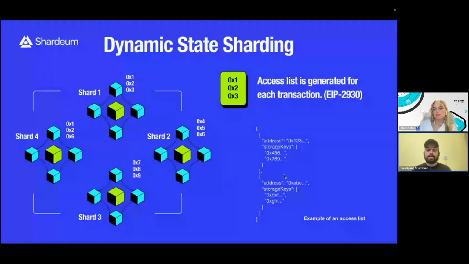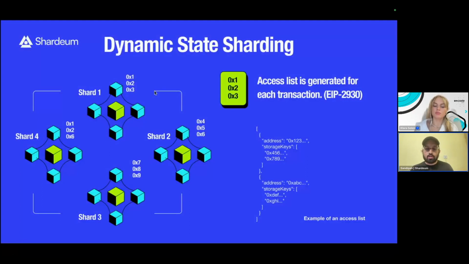Why dynamic and not static? There have been blockchains that have done static state sharding. For example, it's fixed that these are the nodes that will work on this address range, and these are the nodes that will work on that address range. But in the case of Shardeum, it's dynamic. The address ranges and how these consensus groups are formed are dynamic, so it's difficult to predict.